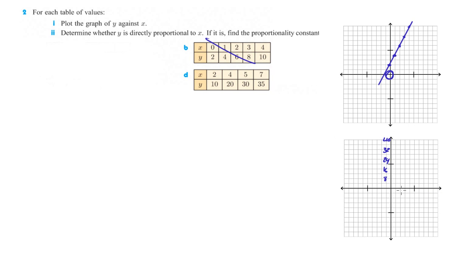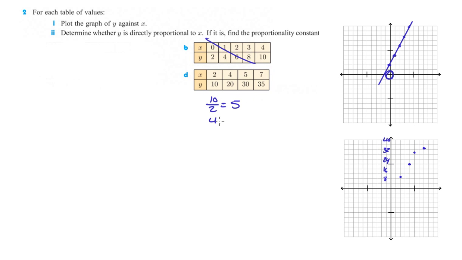At 2, we are at 10, so that's roughly right about in here. At 4, we're at 20, which will be this one. At 5, we are at 30. So that's somewhere right up here-ish. And at 7, we're at 35. So it looks like these kind of line up, but that one looks a little off. An easy way to tell that is if we do 10 divided by 2, our proportionality constant in this case would be 5.